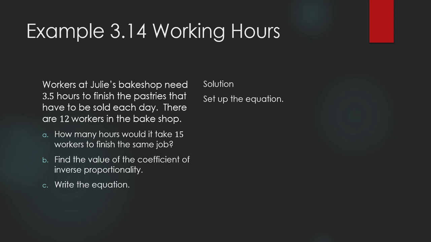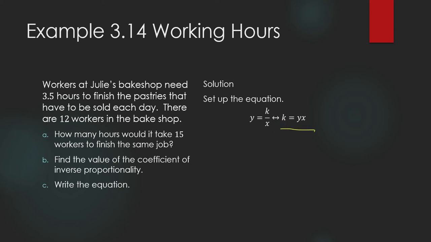Let us set up the equation. Since this is about inverse proportionality, y is equal to k over x. X is the number of workers working on the job, and y is the time needed to finish that job. This also means that k is equal to y times x.